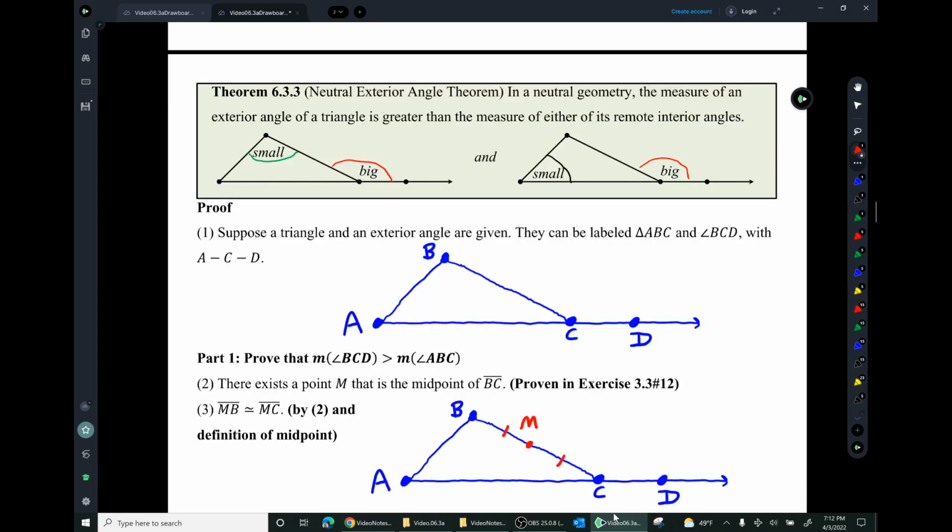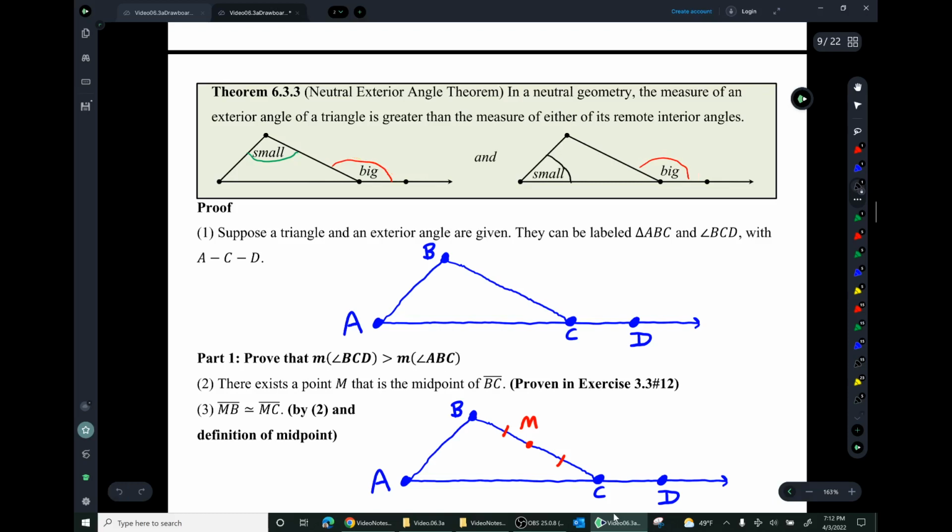The neutral exterior angle theorem says that in a neutral geometry, the measure of an exterior angle is greater than the measure of either of its remote interior angles. So this red exterior angle is bigger than this remote interior angle over here, and that red exterior angle is also bigger than this remote interior angle here.